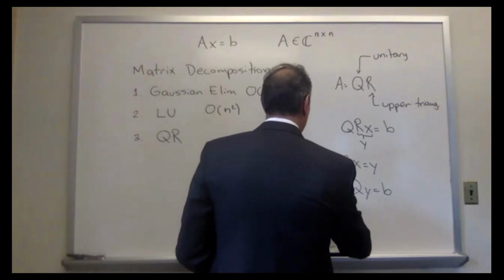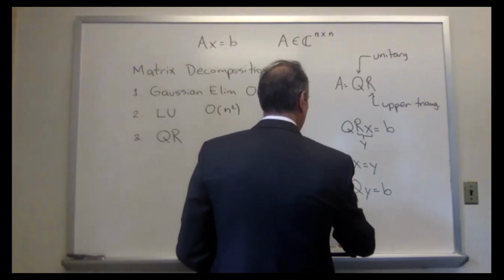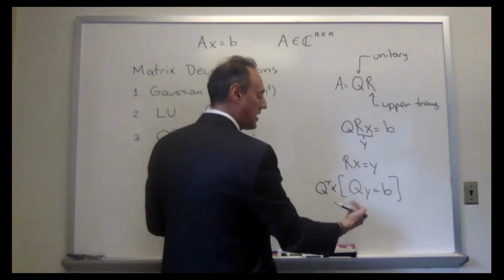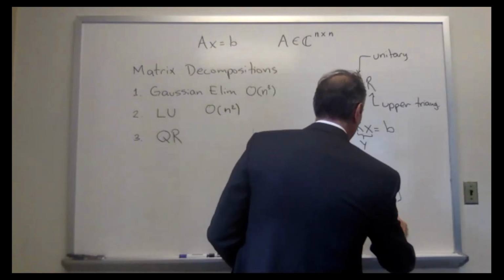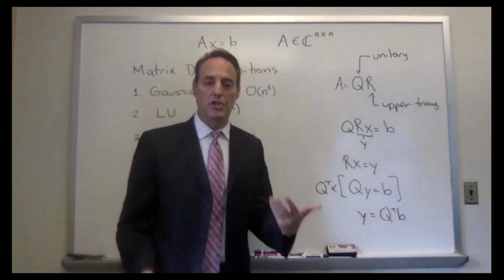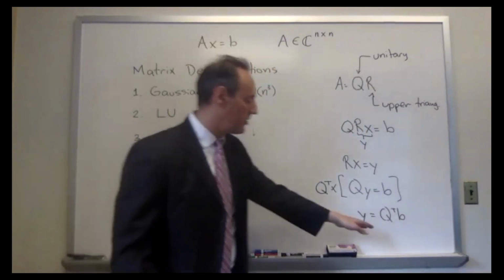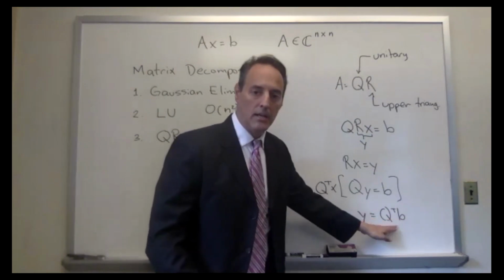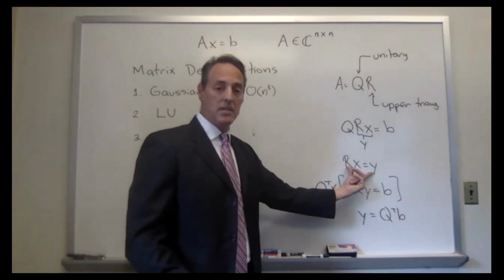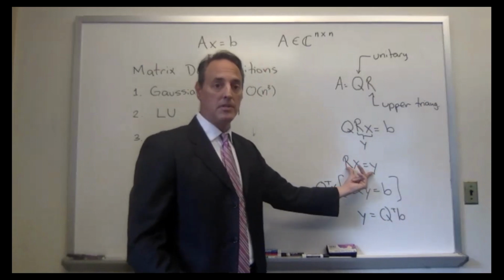So if I take Q transpose on both sides of this, Q transpose times Q is just the identity, so you get Y is equal to Q transpose B. So once I have this Q matrix, all I have to do is hit it with B to get Y, bring it into here, and that's upper triangular, so all I have to do is back substitution.